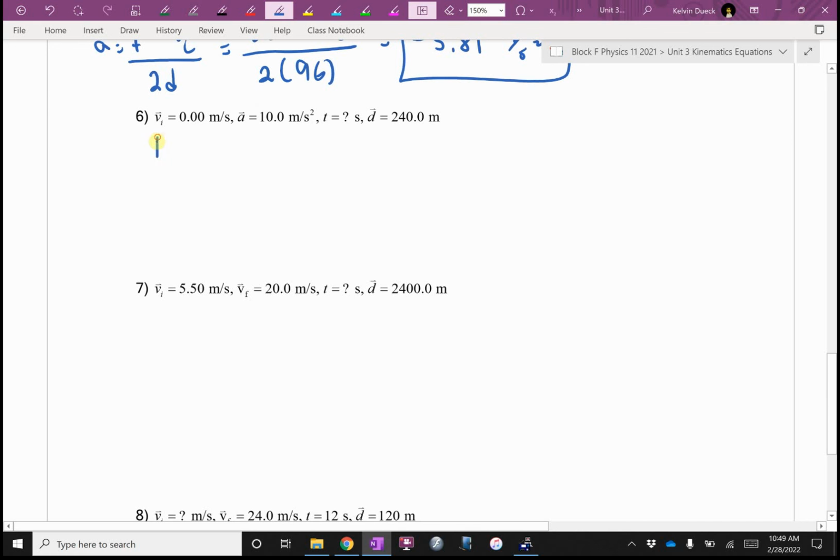Number 6, I want to go D equals VIT plus a half AT squared. And I want to get the T by itself. I can't. The reason I can't is there are 2 T's. There's a T and a T squared.